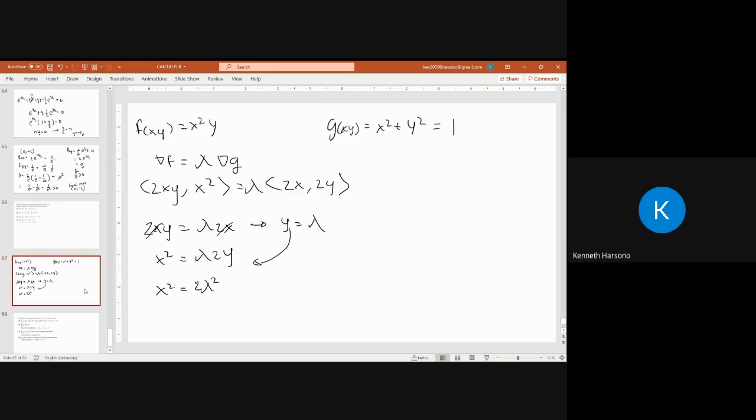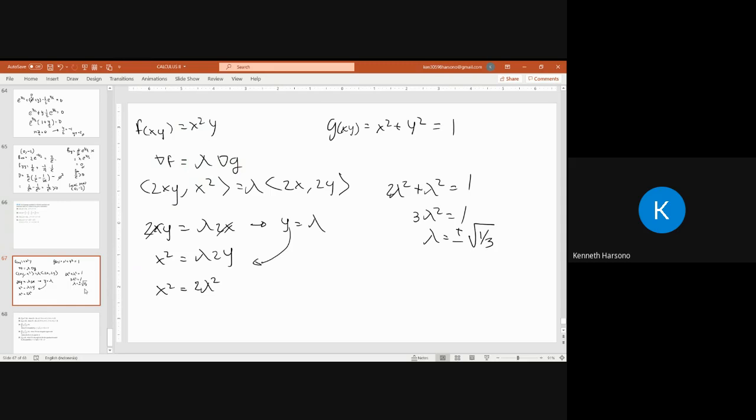So our x squared, you can change with 2 lambda squared. So 2 lambda squared plus y, you can substitute again, so this is just lambda squared, equal to 1. So 3 lambda squared is equal to 1. So lambda is plus minus square root of 1 over 3.